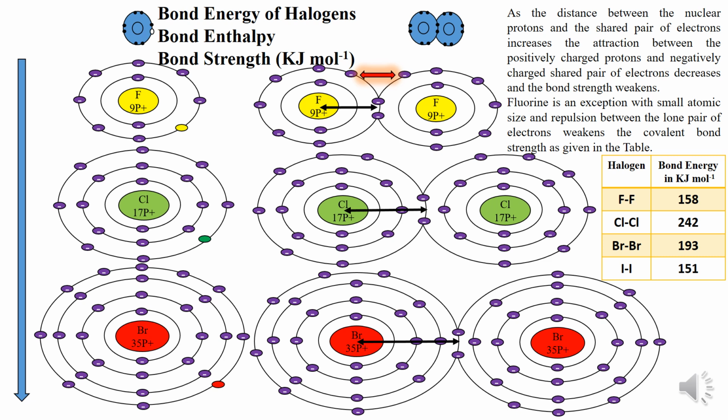They do have lone pairs, and there is repulsion even in other halogens like chlorine, bromine and iodine, but because of their increasing size, the repulsion gradually diminishes going down the group. And the repulsion is least in case of the iodine atom.